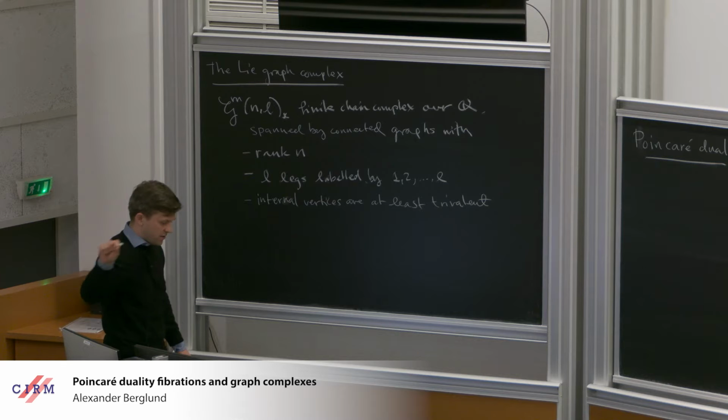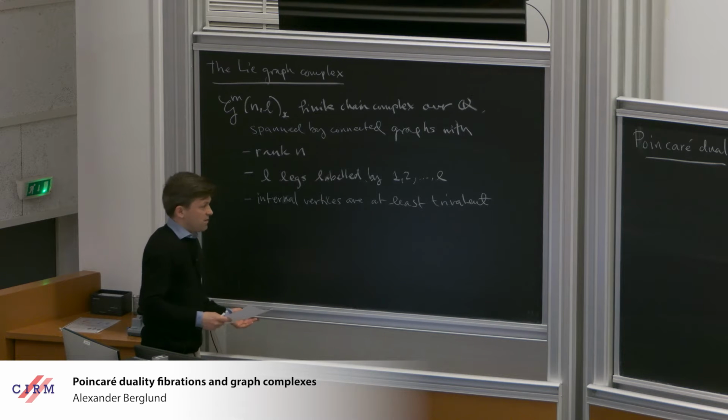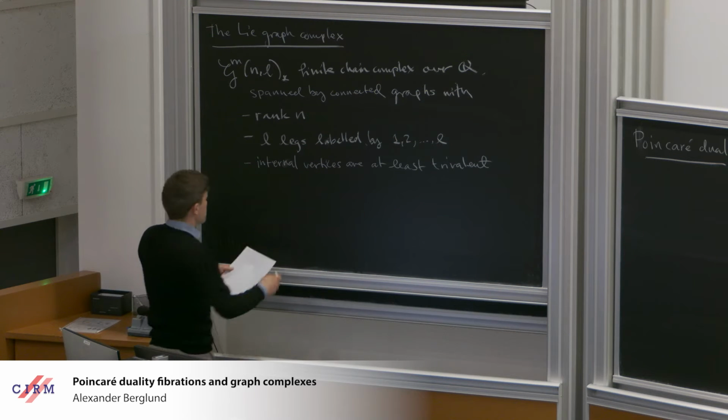So trivalent vertices have degree 0, 4-valent vertices have degree 1, etc.